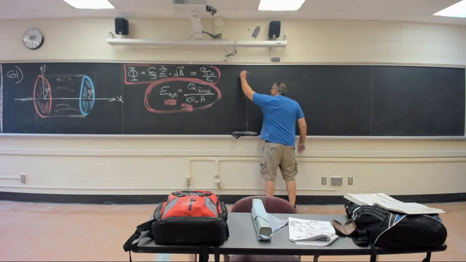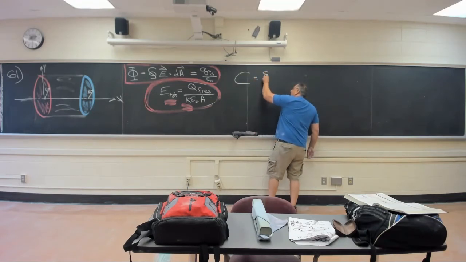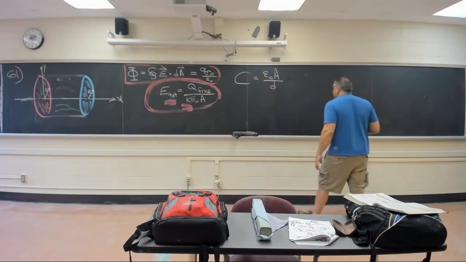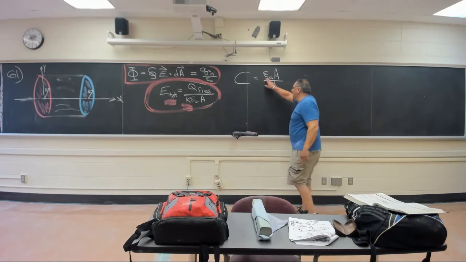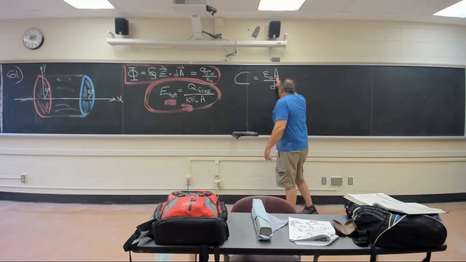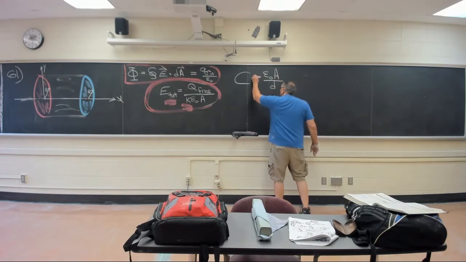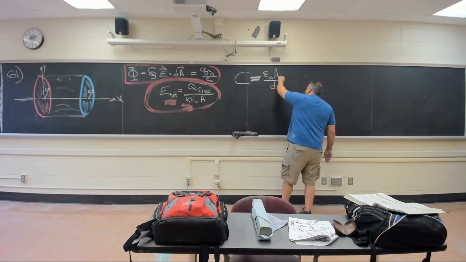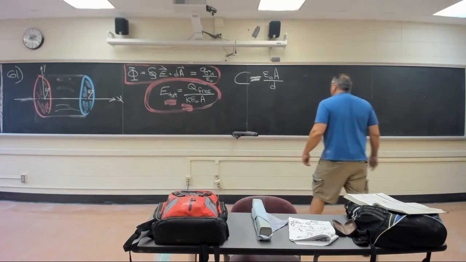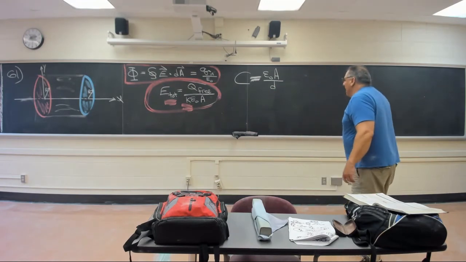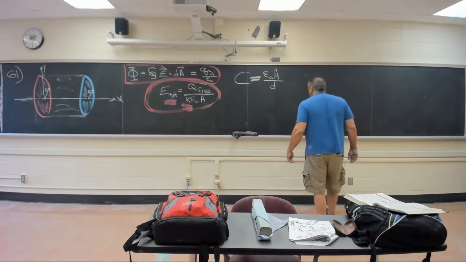They're making this claim, epsilon naught A over D. What does that mean? If it's in a vacuum, well, epsilon naught's a constant. The more area that you have, the easier it is for a given voltage to transfer charge.